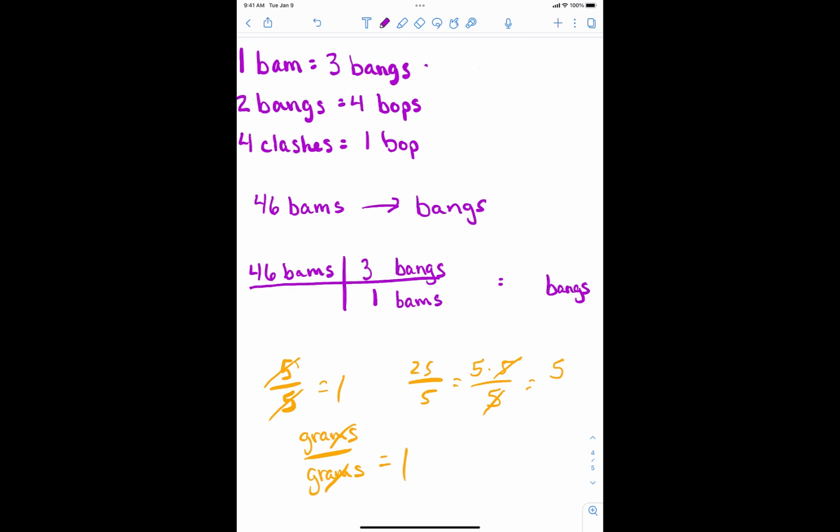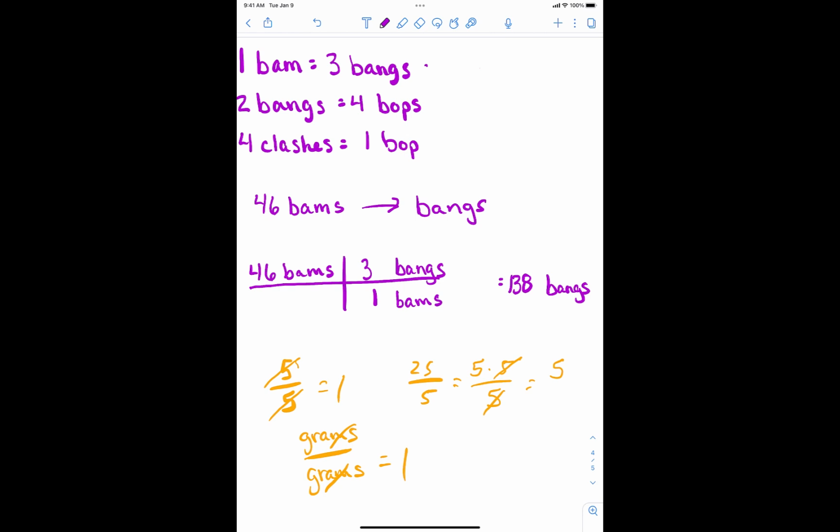And so I can do it by hand, or 46 times 3 is going to give me 138. 138 bangs. But I have to go back to my original problem.